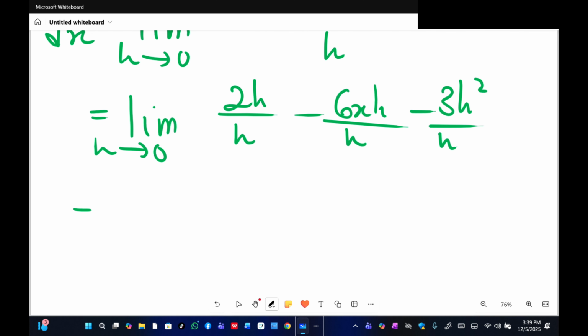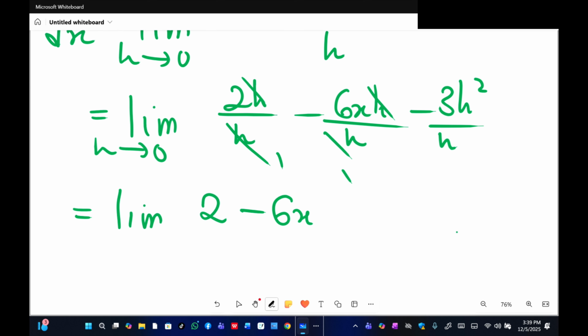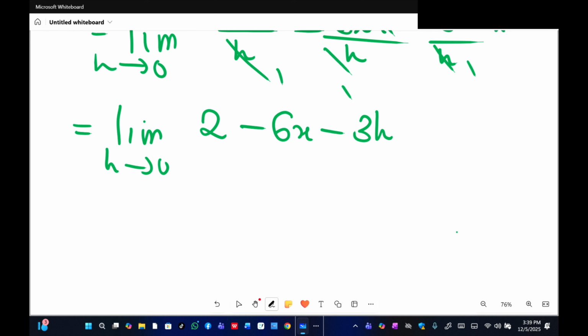So we'll be getting the limit of, so here h divided by h is 1, so it's left with 2. For the second term, h divided by h, we are left with negative 6x. Then for the third, h squared divided by h, we are left with negative 3h as the h approaches 0. So you can now substitute the value of h into the remaining function.